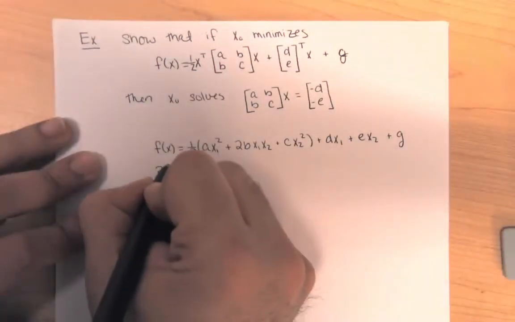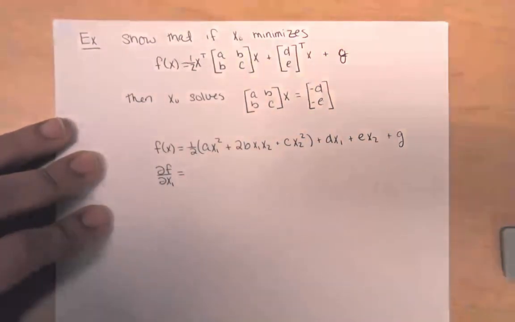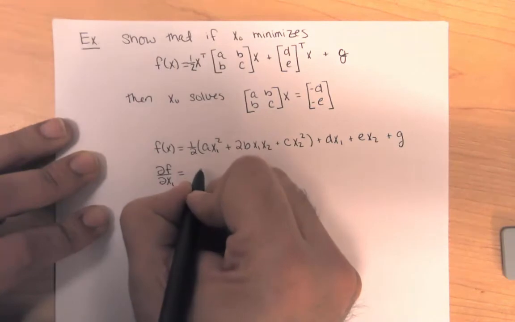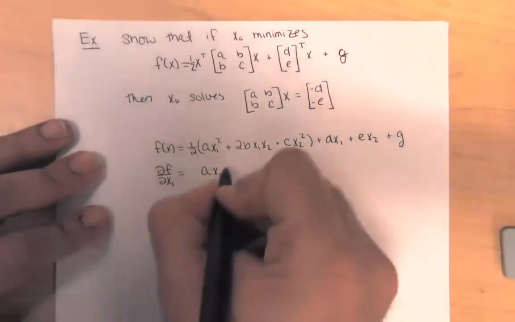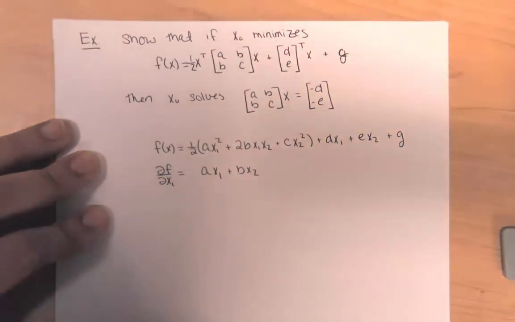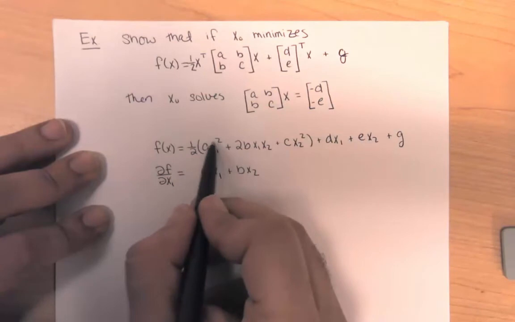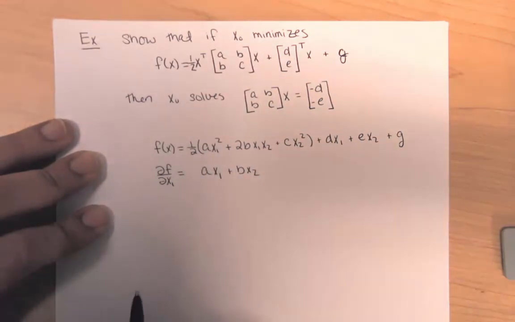So the derivative of f with respect to x1 equals a x1 plus b x2, right? This 2 cancels with this 2 when I took this derivative, and this 2 cancels with this.